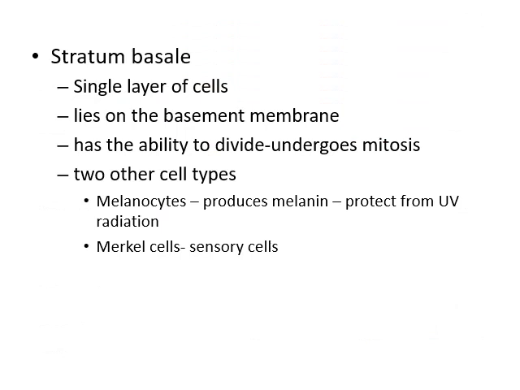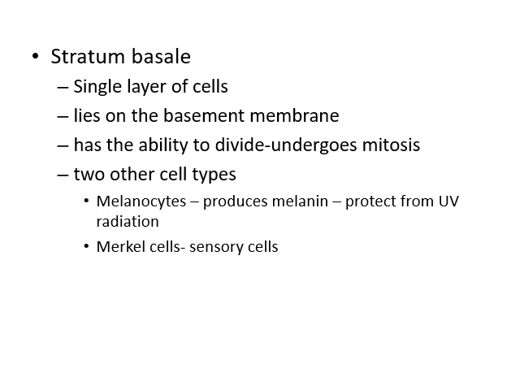Now let's talk in detail about the different cell layers. Firstly, we'll talk about the stratum basale. As I said, it has a single layer of cells. It lies on the basement membrane and has the ability to undergo division. So this division would be mitotic division.